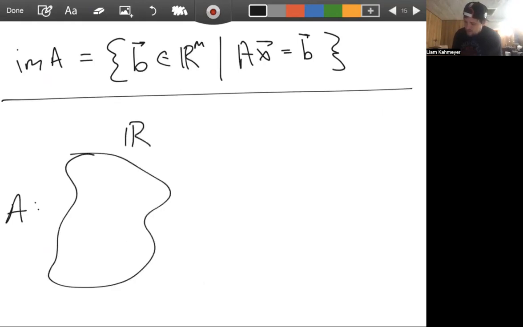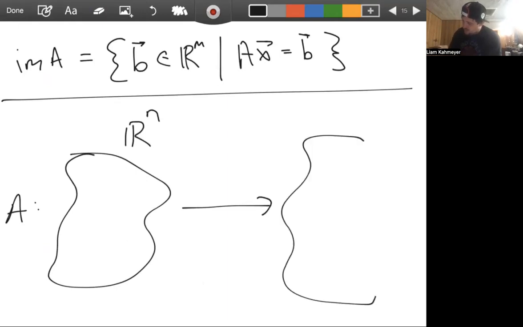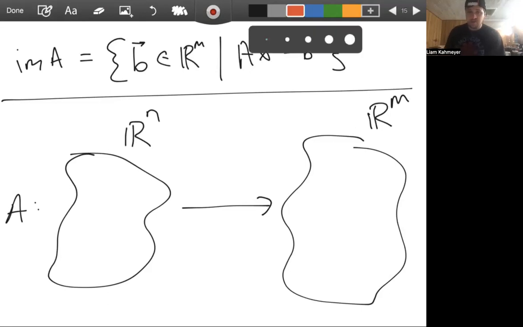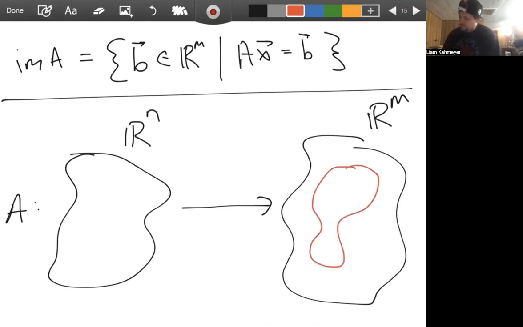So you could think here, if you'd like a little picture, we have A. Here's Rn, and it maps this to Rm, I'm getting them backwards. So how A works is it's going to take elements of Rn and it's going to map them somehow over to Rm. And it doesn't have to map them to all of Rm, right?